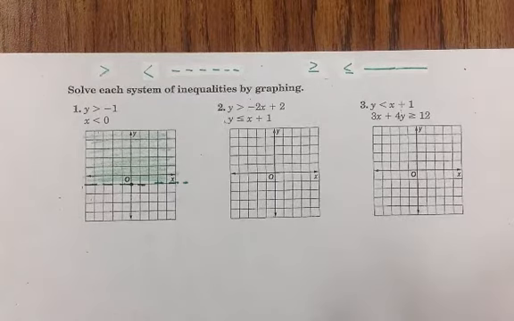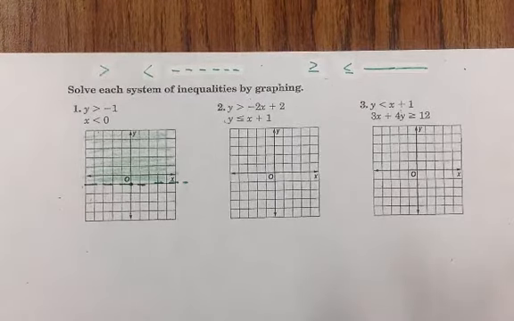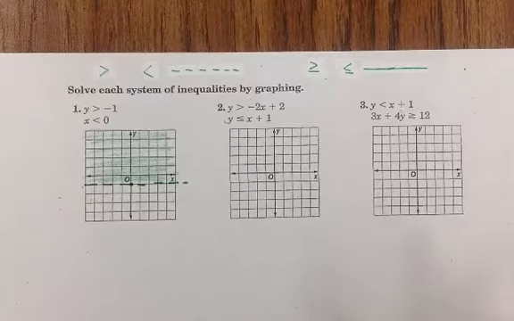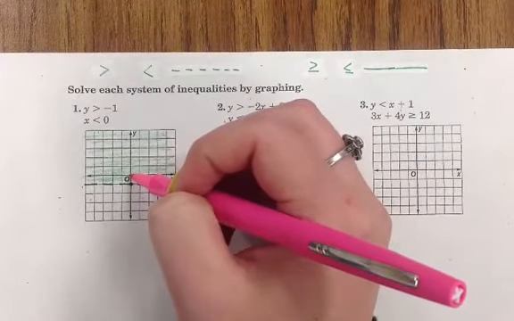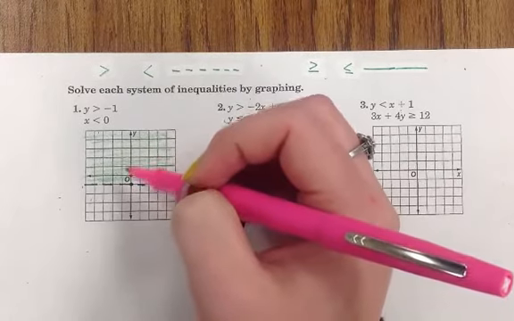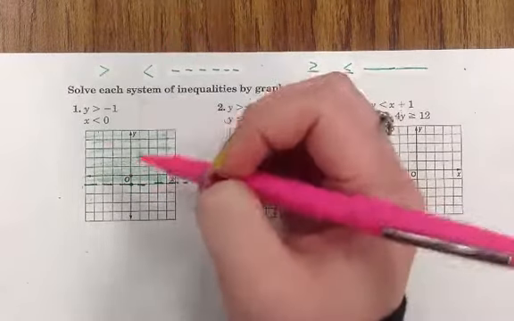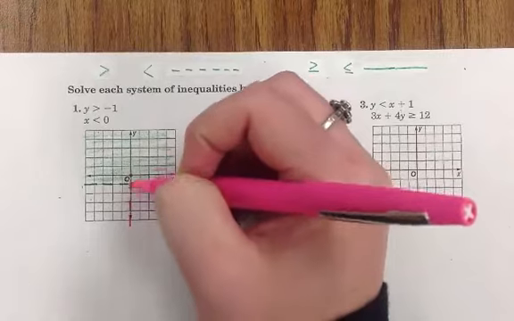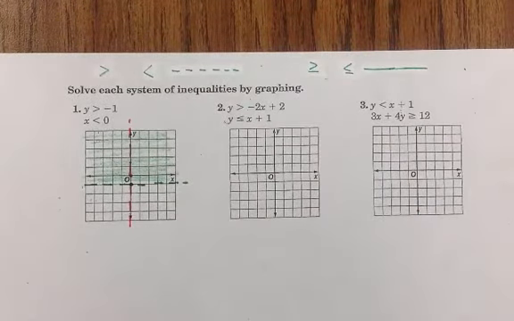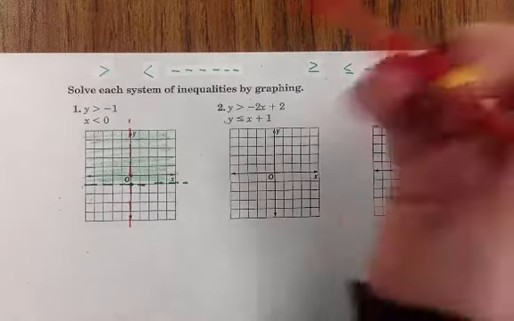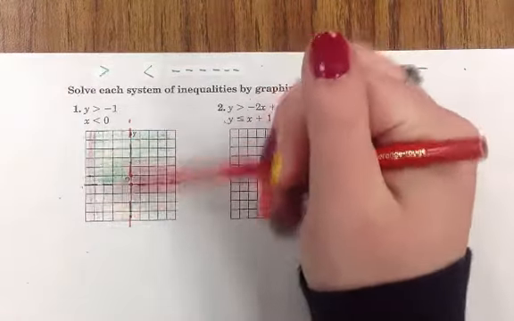If we want to draw the line x is less than 0, we need to find 0 on our x-axis, which is going to be right here. And we need to draw a dashed line again because we have a less than sign. And all of the numbers that are less than 0 are to the left of that line, so we need to shade in to the left.